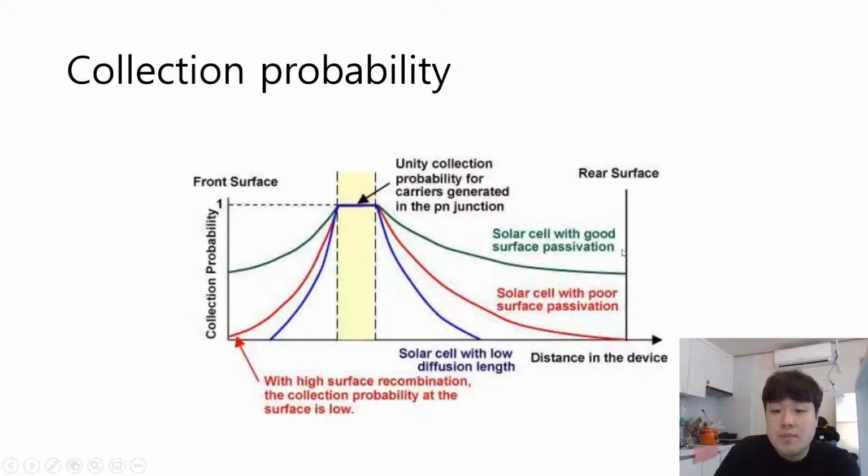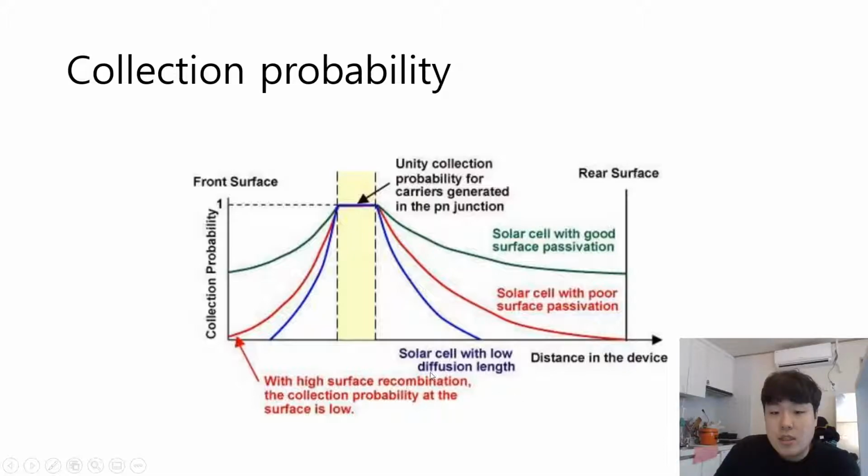And we can see three cases of the solar cell. First is good surface passivation, second is poor surface passivation, and last is a solar cell with low diffusion length. We can see that good surface passivation makes a high collection probability, and poor surface passivation makes a low collection probability.